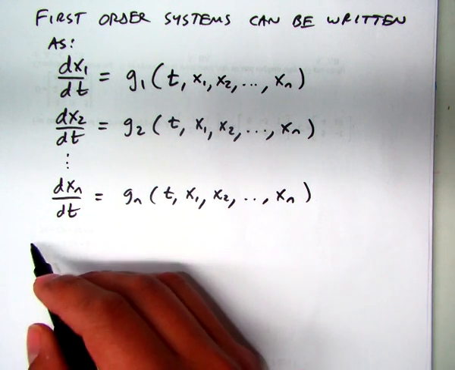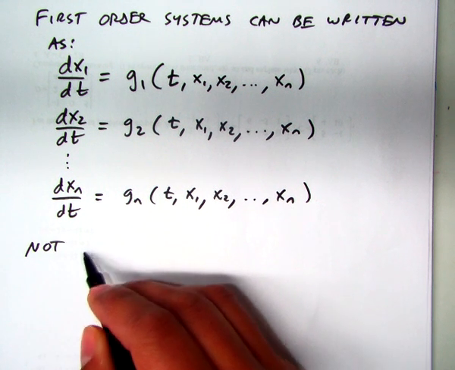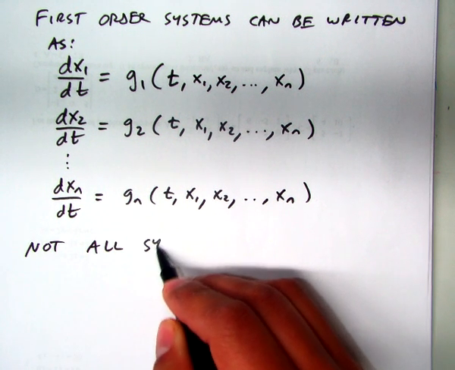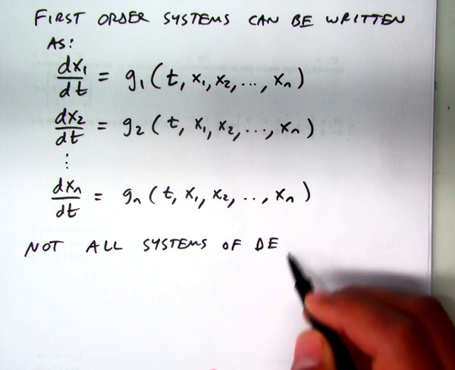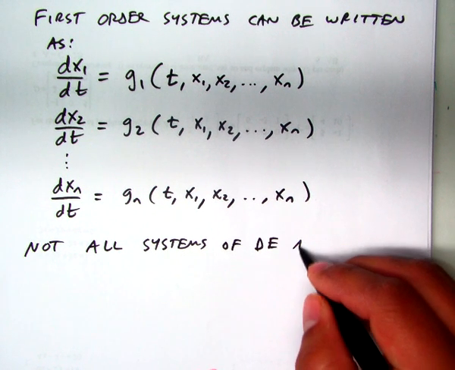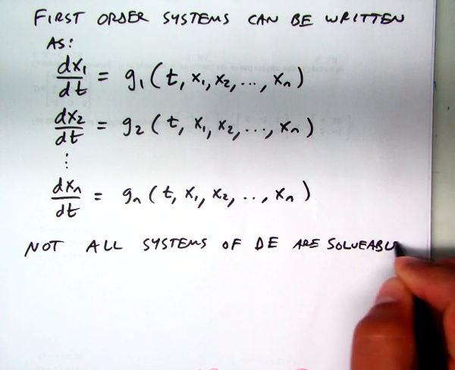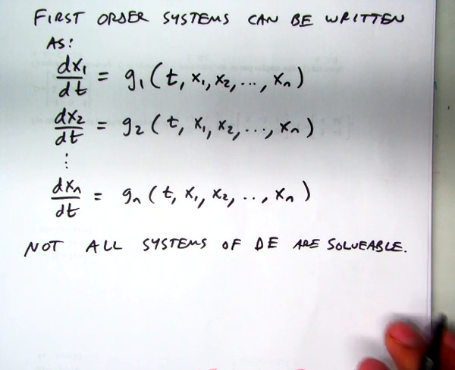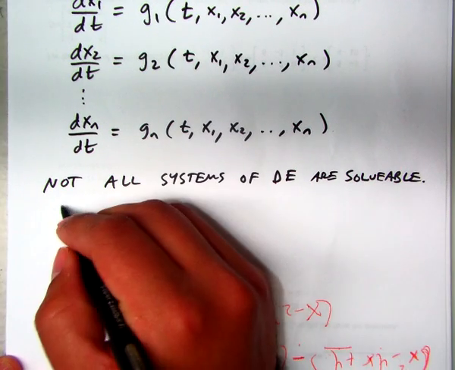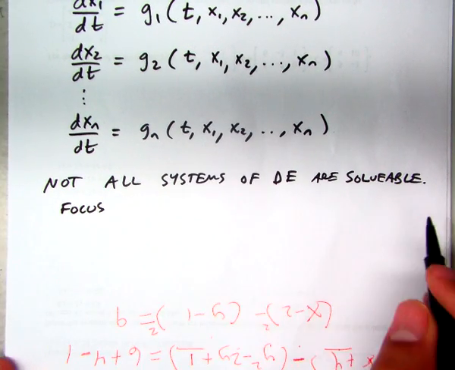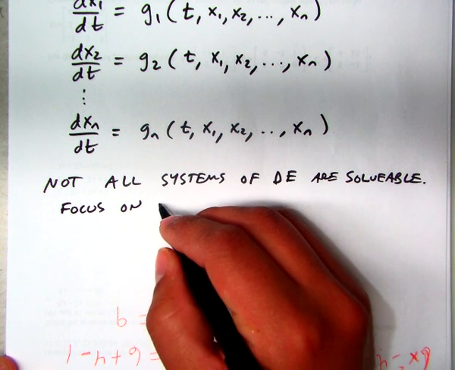We should kind of mention that not all systems of differential equations are solvable. We're going to focus on the ones that we can actually solve, and the ones that have a specific format.